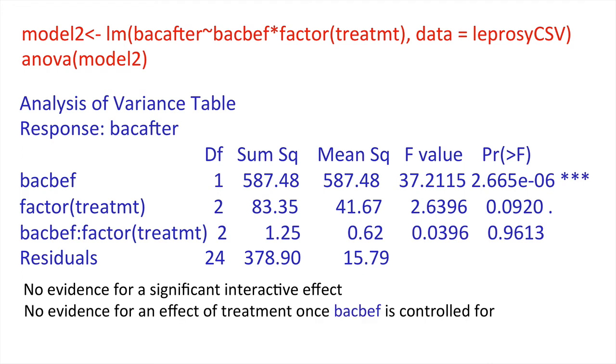There's also no evidence for an effect of treatment once back before is controlled for, because you'll notice in a type 1 we're controlling for things above it in the list, and here there is no effect of that treatment just as before when we control for back before, and yet there remains a very strong effect of back before on back after.